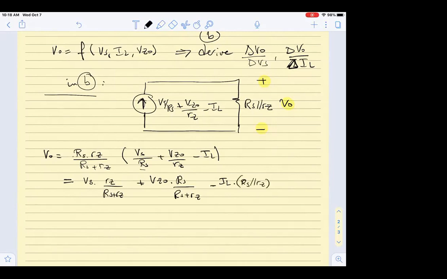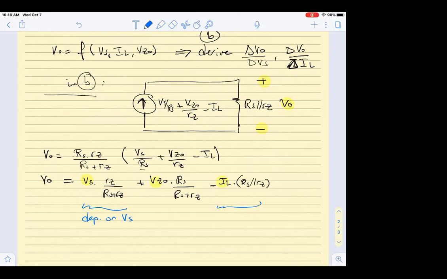Okay. Now that I have this expression, I really have VO as a function of each one of VS and IL, and of course VZ0. VZ0 is a constant. So let us define what these terms mean. This term shows the dependence on VS. If VS has fluctuation, VO will fluctuate proportional to this ratio.